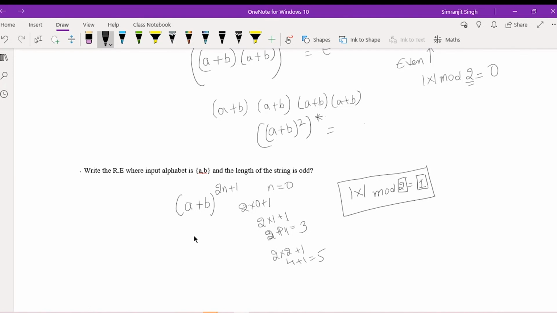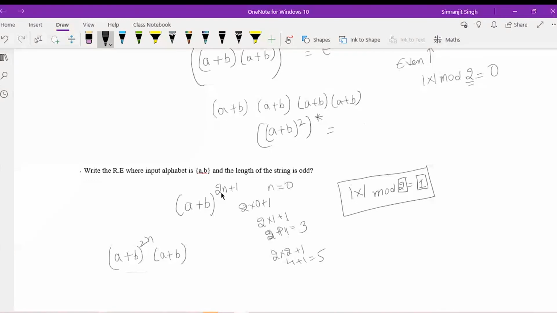You can also write it like this: (a+b) raised to the power 2n plus 1. Since the bases are the same, when multiplying you can add the powers.